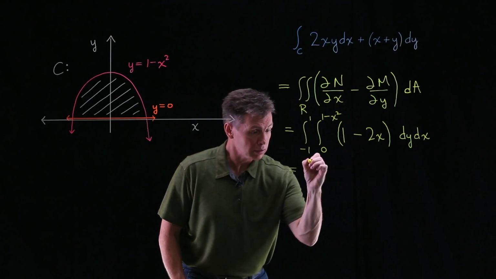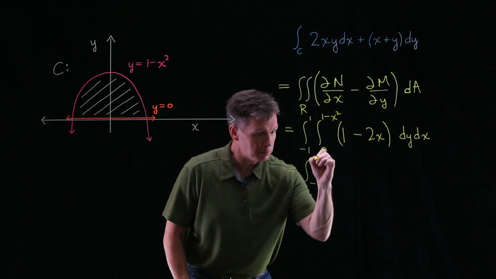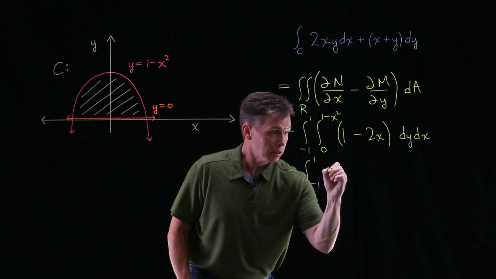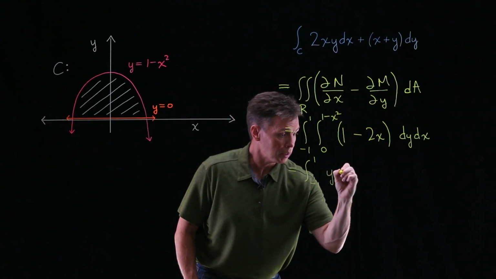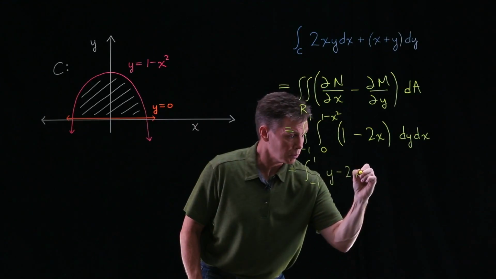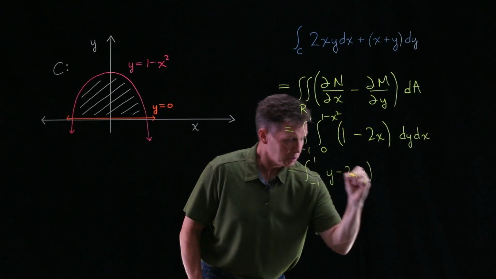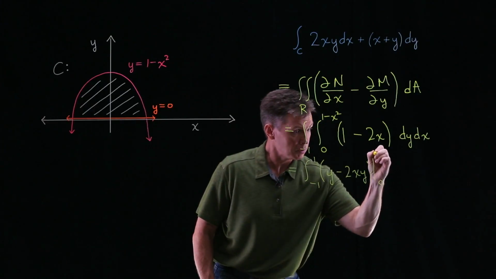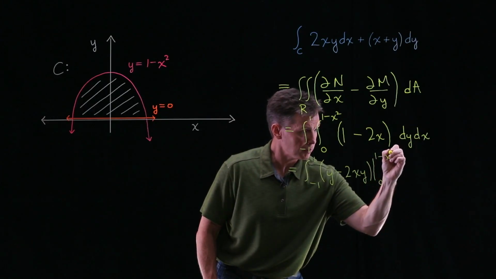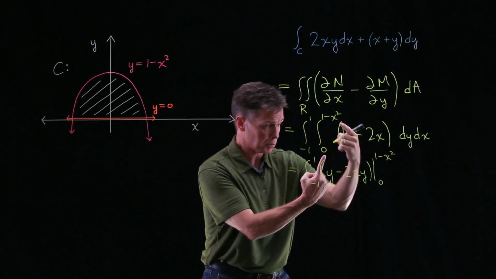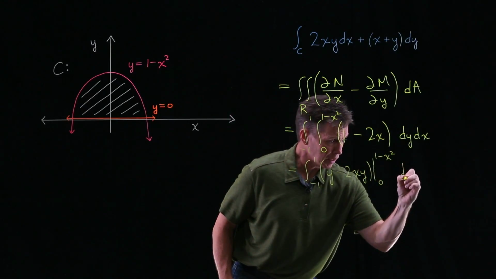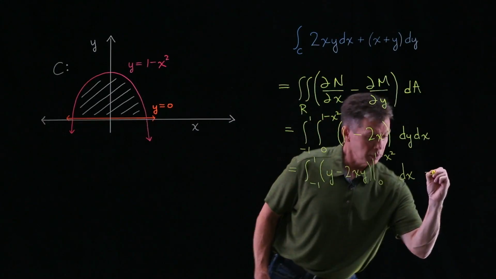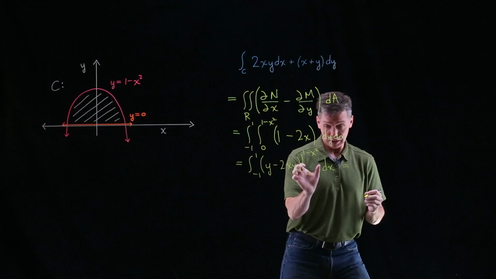Let's do the inner layer first. So keep that -1 to 1. If I integrate this with respect to y, we're going to get y minus 2xy, which I'll need to evaluate from 0 to 1 minus x squared, my limits of integration for y. And then there's going to be a dx still in that integral. So let's plug in our limits of integration.